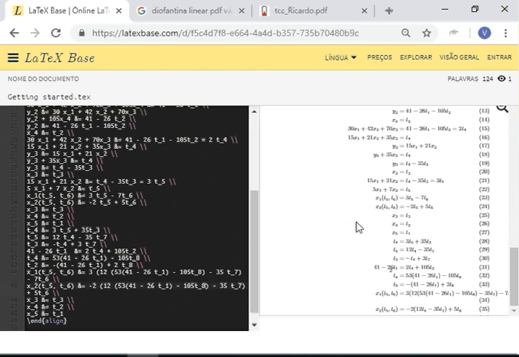And we have T1, T8, T7, T3, T4, T7, and T4 again is that parenthesis.